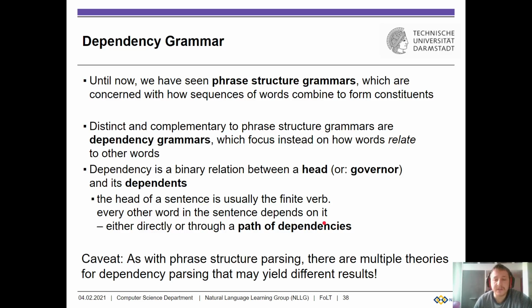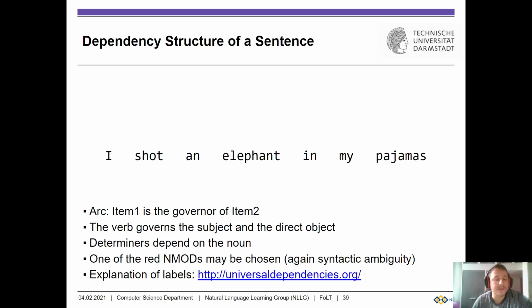And as with the phrase structure parsing, there are multiple different linguistic theories which may yield slightly different parsing outcomes. So let us look at a concrete example which we have previously seen. I shot an elephant in my pajamas.